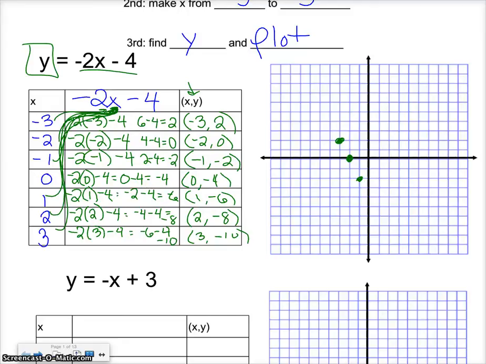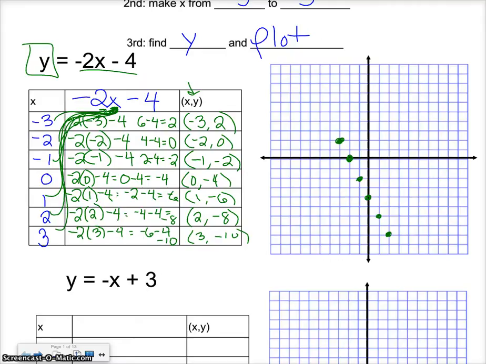Okay, (0, -4). See how it still looks linear? (1, -6). You should be seeing a pattern as you're graphing too. (2, -8), going down 2 over 1.